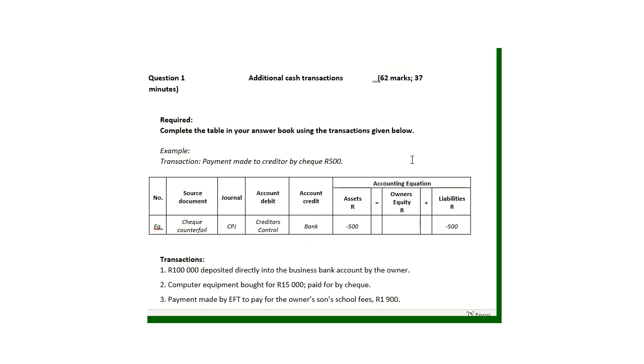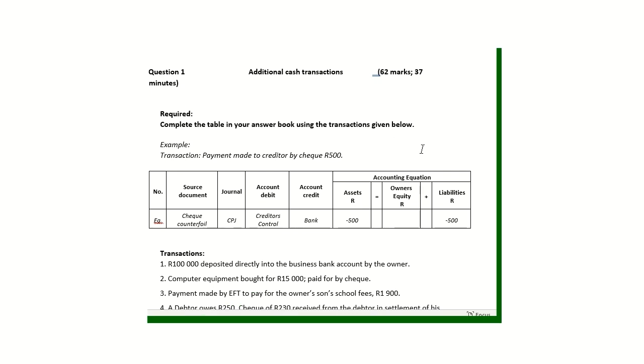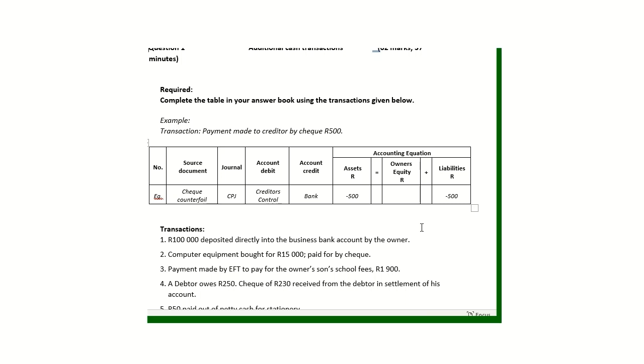We're going to look at question 1 in that pack of questions that you've got, where we have to complete a table like this, which is an analysis of accounts. It gives us a number, a source document, the type of journal it will be in, account debit, account credit, and then under asset, owner's equity and liability, we must either say plus or minus and the amount.